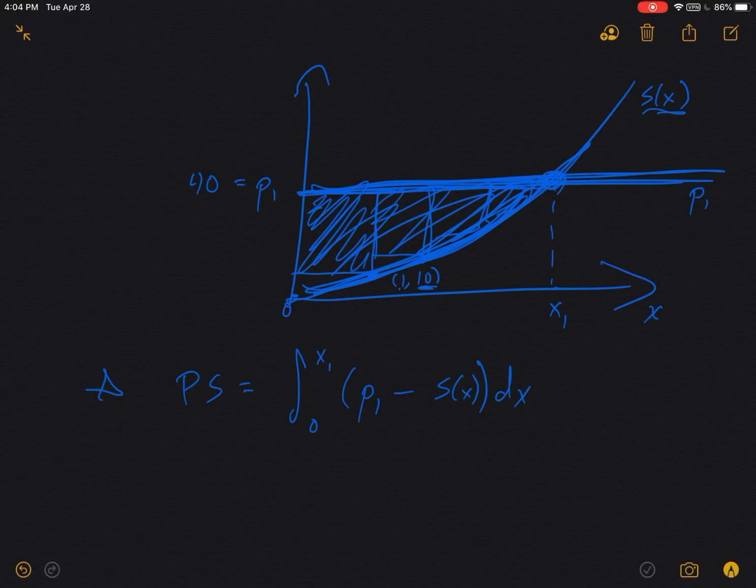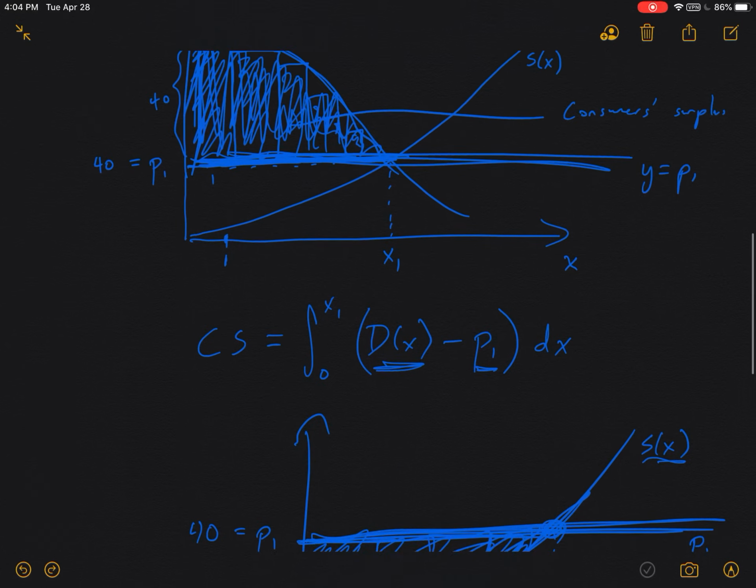So remember that this producer's surplus is the total amount that these producers or suppliers are making over what they would be willing to sell it for. So this person would be willing to sell for $10, but they actually made 40 by selling it at the market price. So this supplier is benefiting.